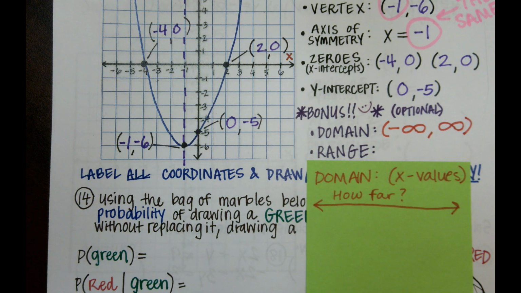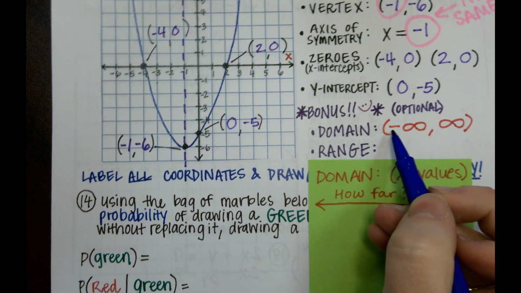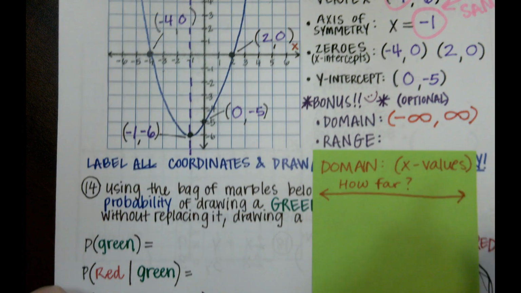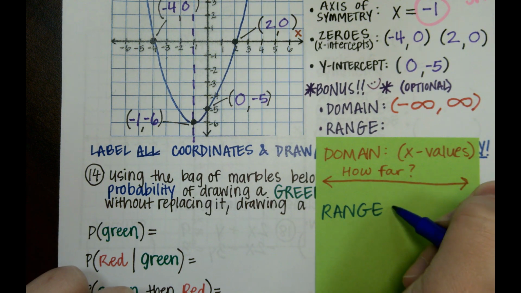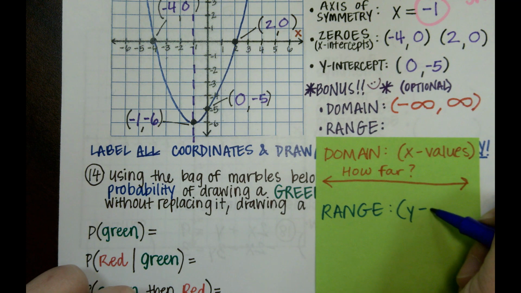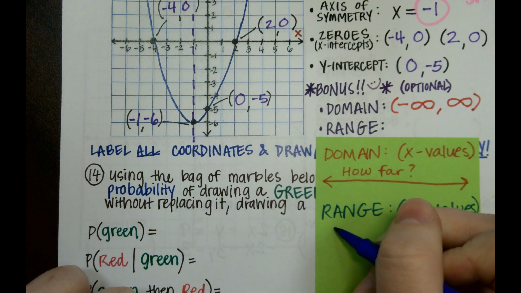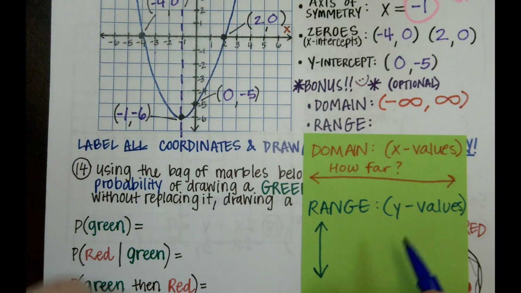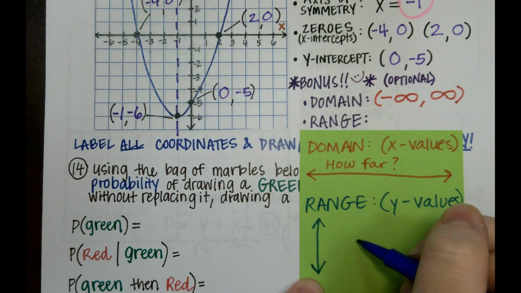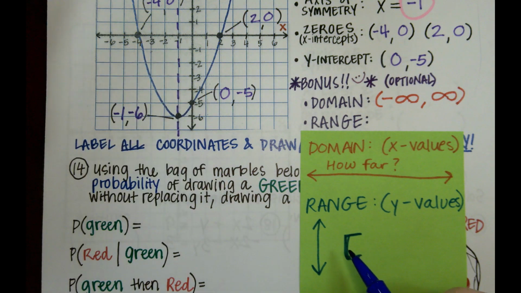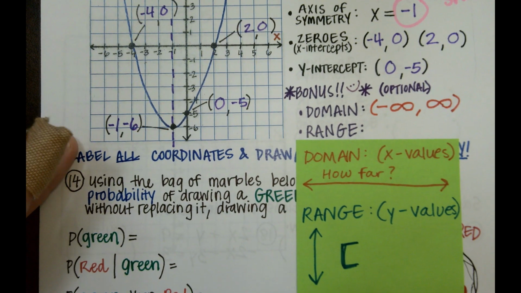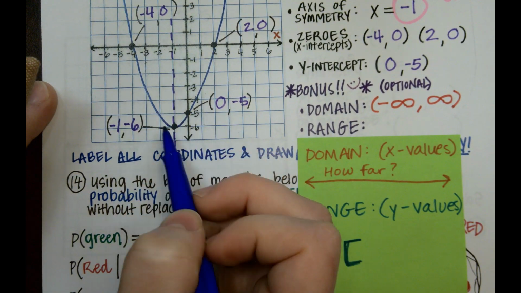So let's talk about that. We always go from smallest value to largest. So for range, we're talking about y values. And then that's up and down. So we're going to start from the smallest number. Where is the lowest that my graph touches? -6.